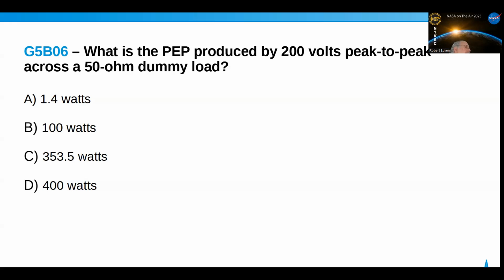Well, I can approximate it and say, let's use 70. And if we square 70, it'd be 49 times 10 to the 2, right?